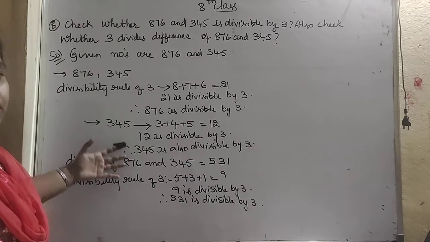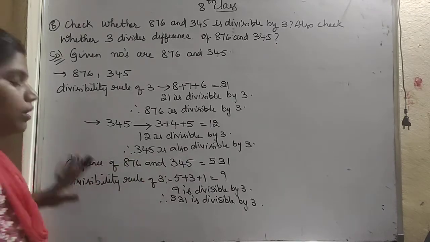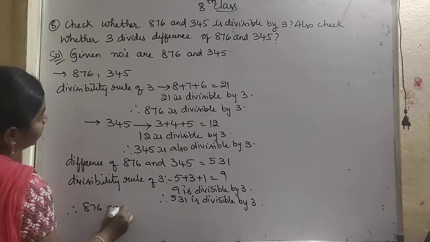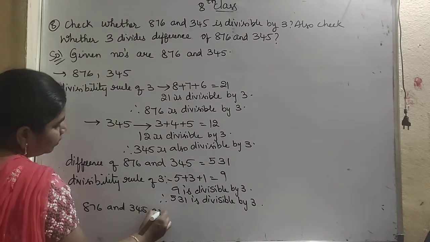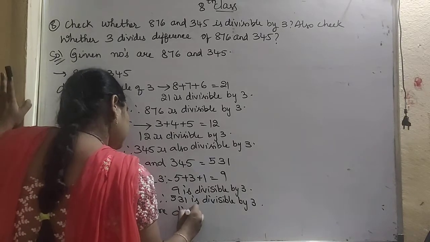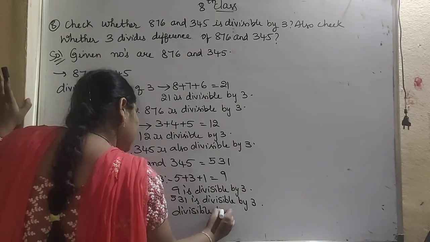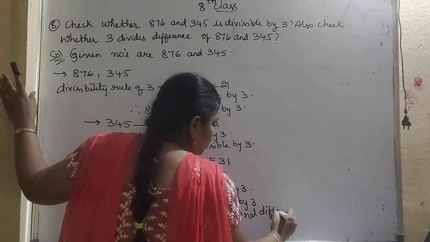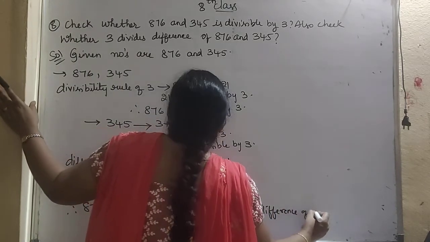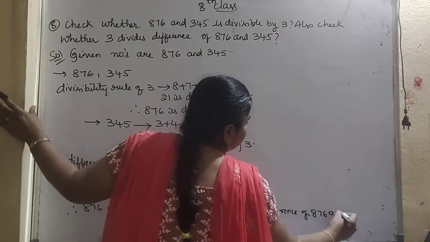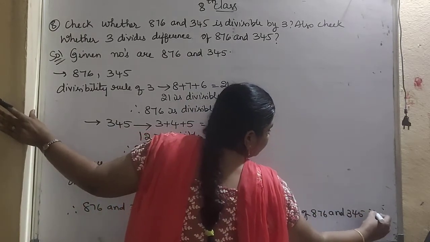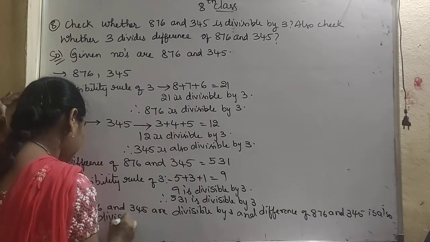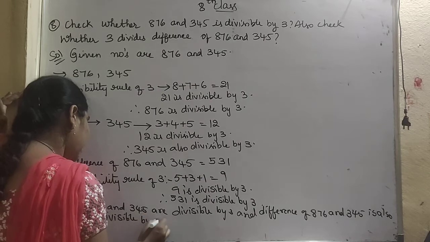Individually also it is divisible. If you do subtraction, then also it is divisible. So therefore 876 and 345 are divisible by 3, and the difference of 876 and 345 is also divisible by 3.